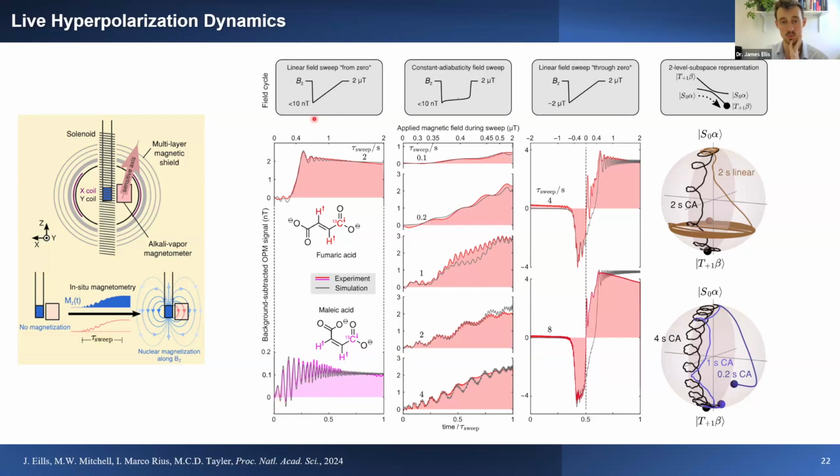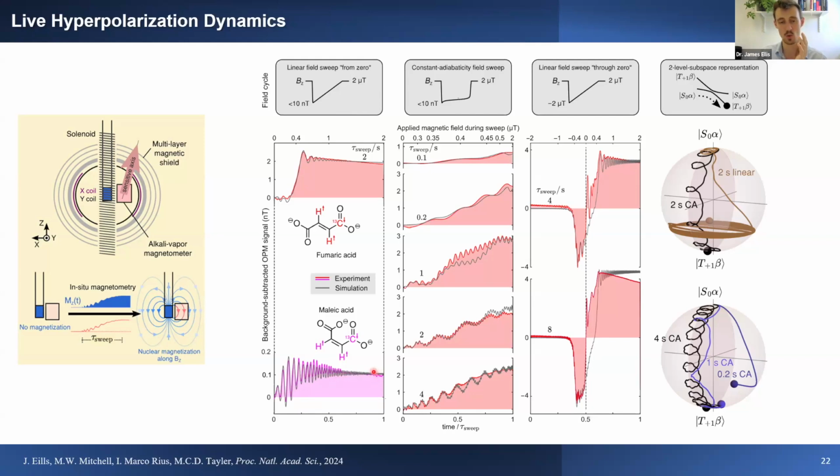So it's the same experiment. We drop the field to 0, ramp it up to 2 microtesla, and we track the magnetization of the molecule. And we see for maleic acid, we get this very strange looking large oscillations, but we end up at a similar point.